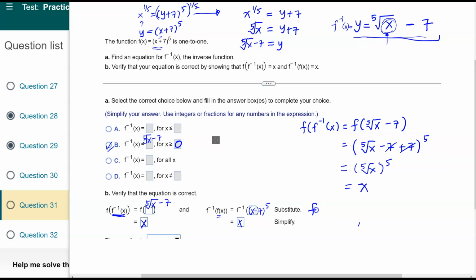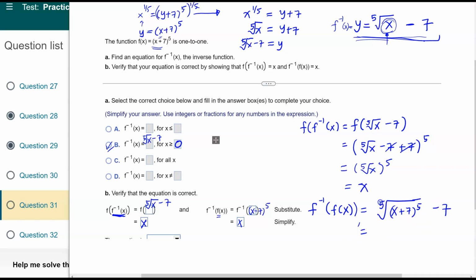Now also you have f inverse of f of x. This is the inverse of our function, which is that. So that is the fifth root of, now the x there will be replaced by f of x, which is x plus 7 to the fifth, minus 7.